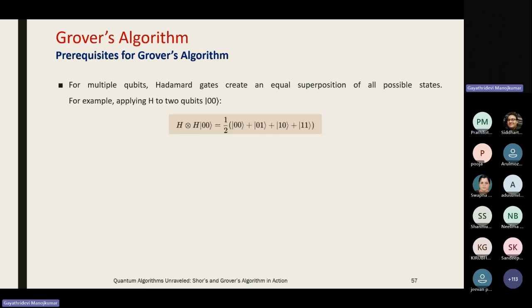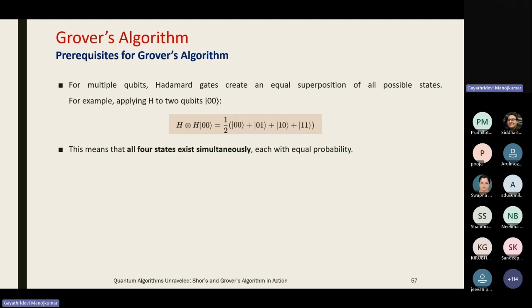We can also have multiple qubits. The Hadamard gate is able to create all possible states on multiple qubits, and as we have already discussed, all four states exist simultaneously with equal probability.